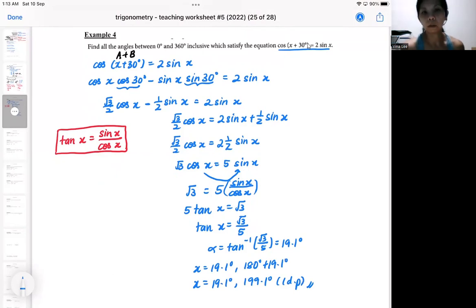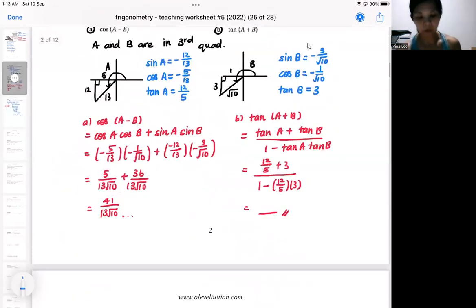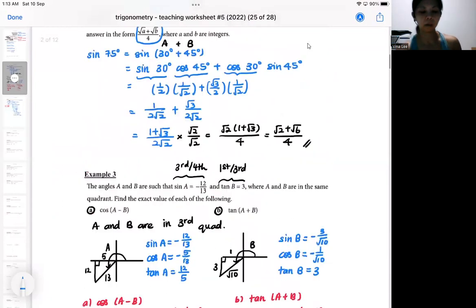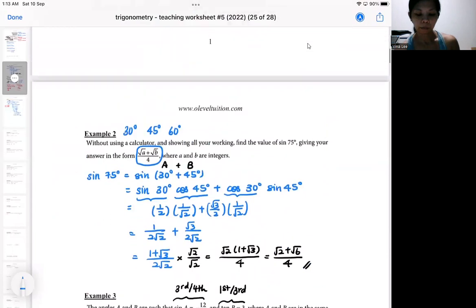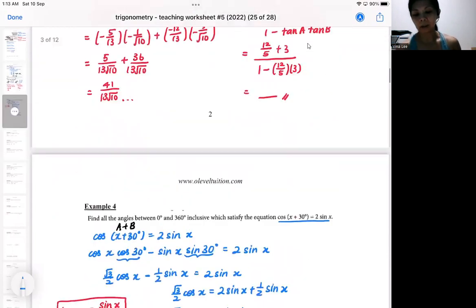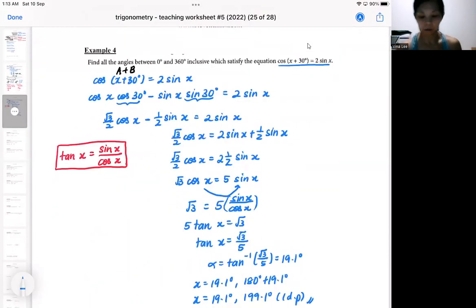So this is where you combine solving trigo equations using the addition formula, and also the triangle method using the addition formula, and also special angles using the addition formula. So this will be an idea how you're going to use your addition formula.